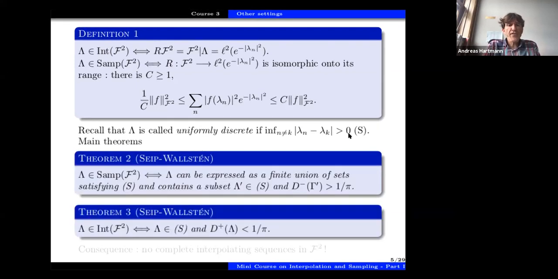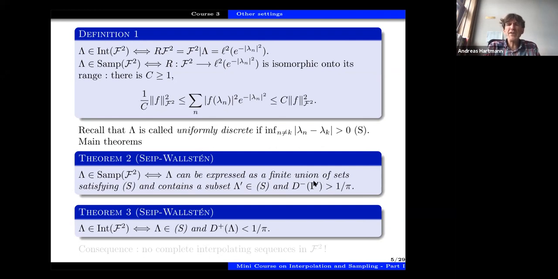Okay, we have two theorems, which go back to work by Seip and Wallstén. The first one: Lambda is a sampling sequence if Lambda is a finite union of separated sets, and at least one of these separated sets which compose Lambda satisfies this lower density condition.